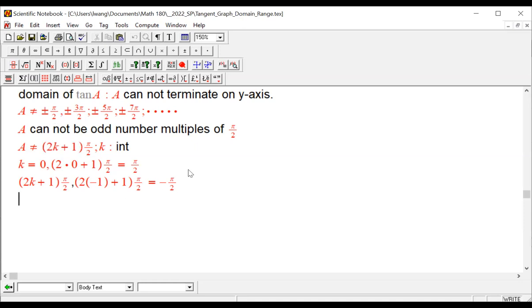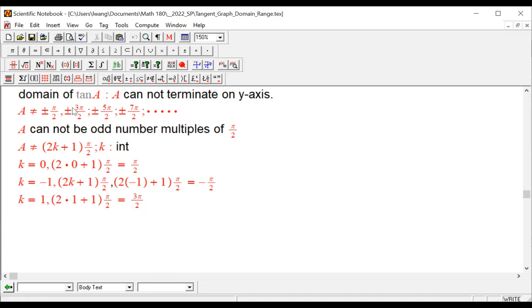And if we keep going, how about k equals 1? 2k plus 1 with k equals 1, we get 2 plus 1, that's 3 pi over 2.